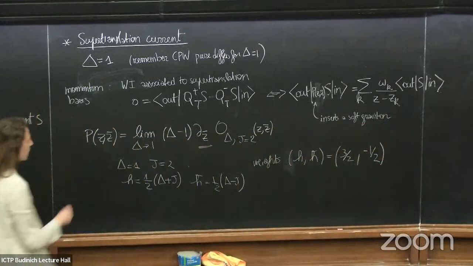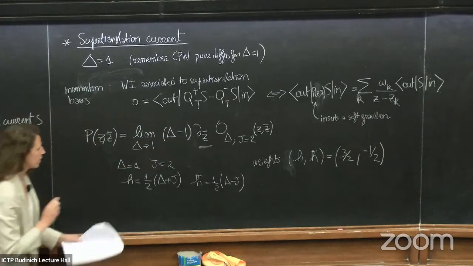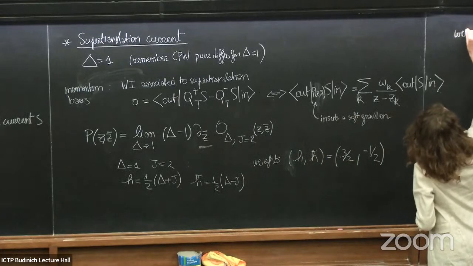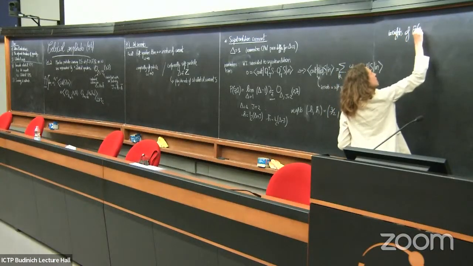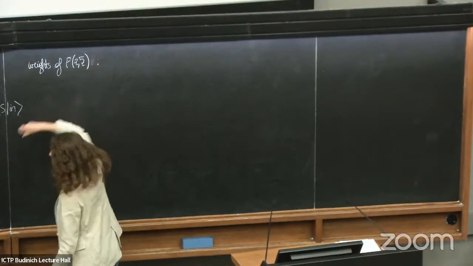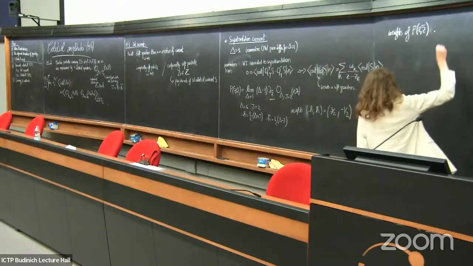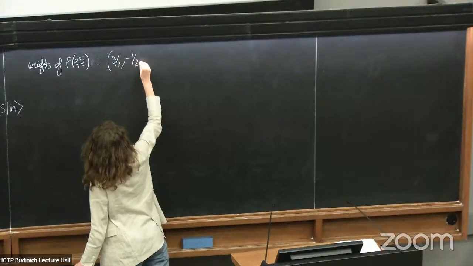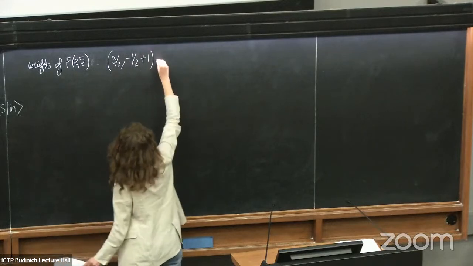But you see, these are not the weights of P. P is a descendant of this object. So the weights of P are given by the weights of this object, but now, since I'm taking one z bar derivative, this will increase h bar by 1.